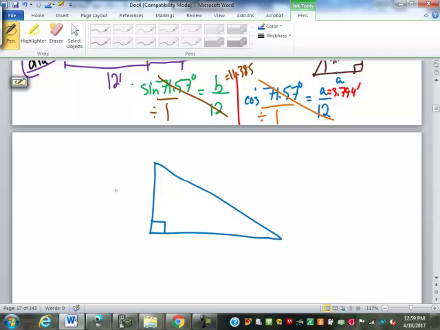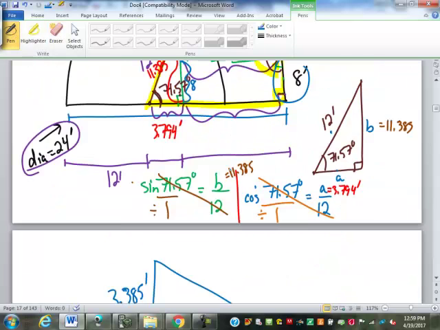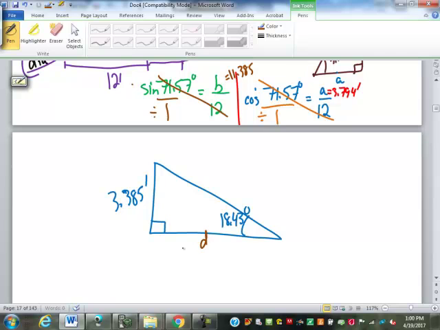Now that I have that as 3.385, I have that triangle up there, 3.385, and this was 18.43 degrees. That's this triangle here now. So I'm going to find the bottom of that. Down here, that's going to be the adjacent side.